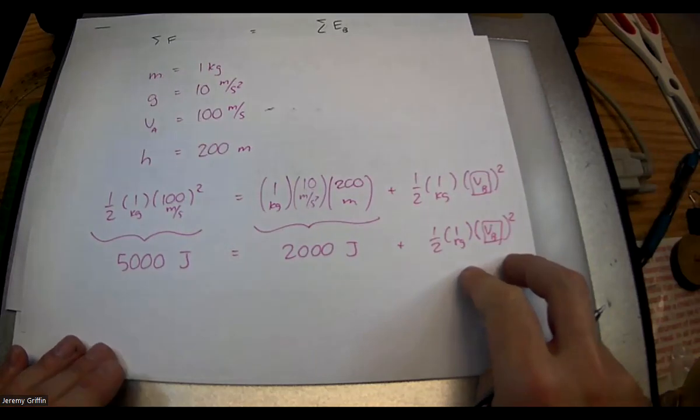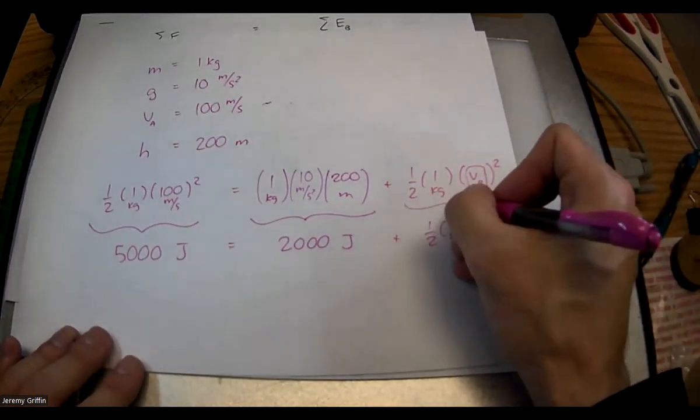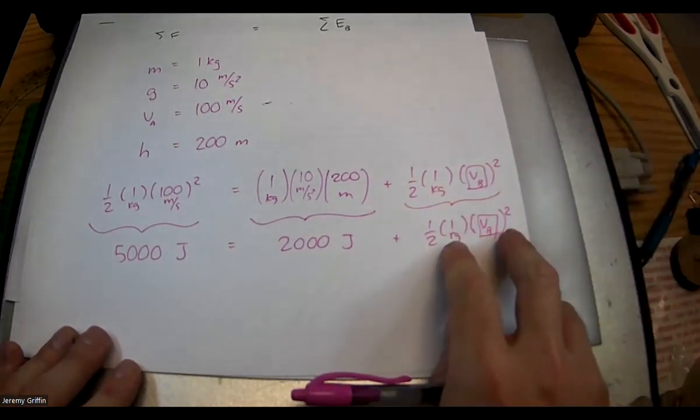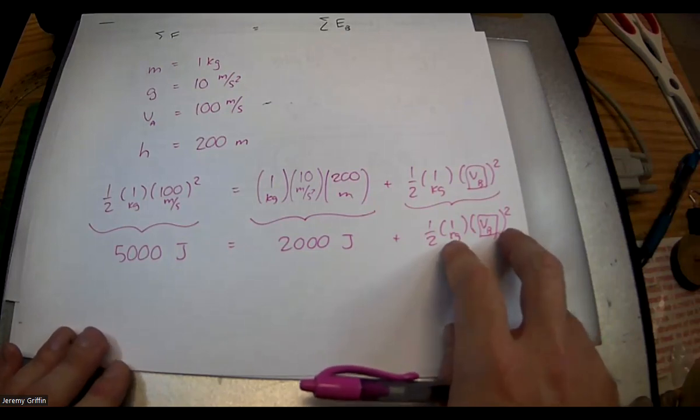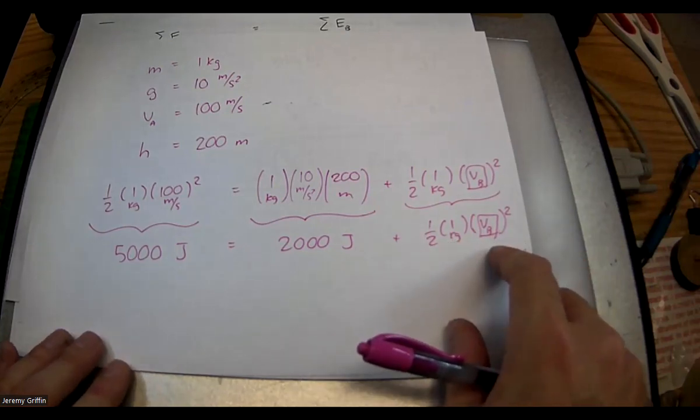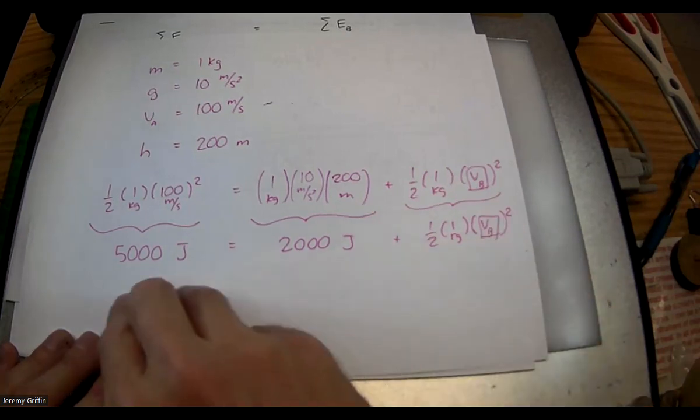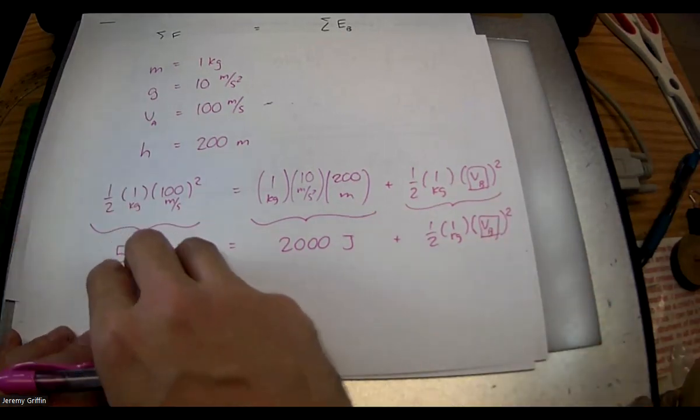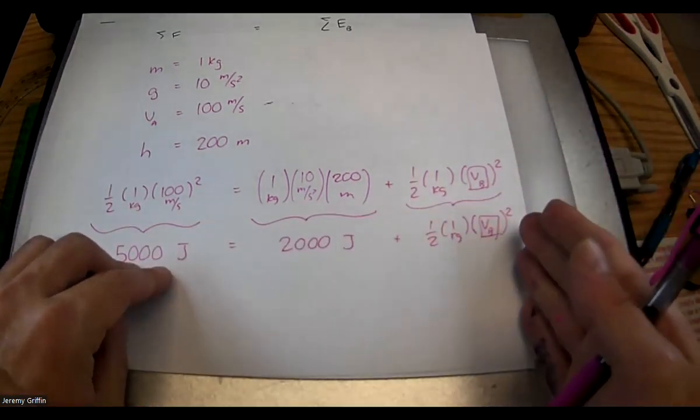Which means that this whole kinetic energy bit represents how many joules? 3,000, right? We started off with 5,000, which means we always have 5,000 because it's a closed system.